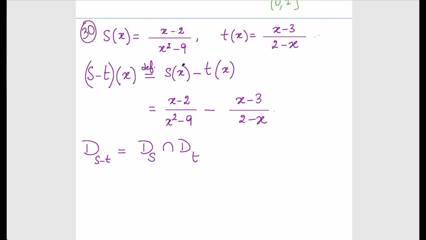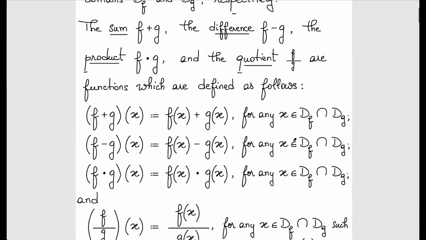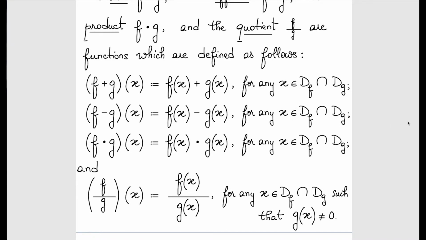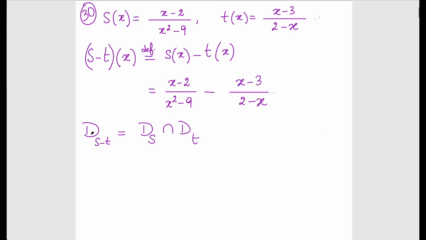Again, this was discussed on the very first page of this section. You can input into this difference function elements that are in the intersection of the domains. So the domain of the difference function is the intersection of the domains of the respective functions.